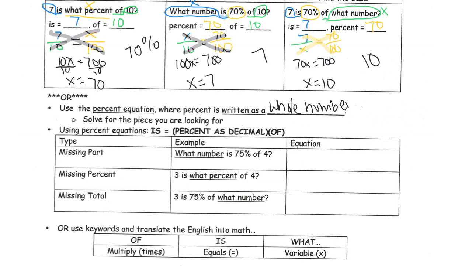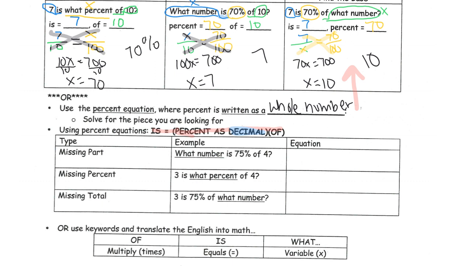You're solving for the piece you're looking for. You could use this equation: is equals percent as a decimal times your of. Up here, our percent's a whole number. But down here, we want our percent as a decimal, multiplying it times our of.